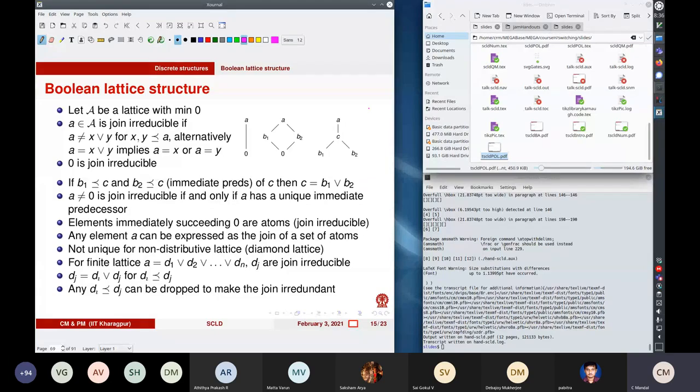If you put an element which is a predecessor of one of these, that becomes redundant. Then such an expression is unique up to permutation, because join is commutative. Any permutation of these elements will have the same value. So it is unique only up to permutation for a distributive lattice.